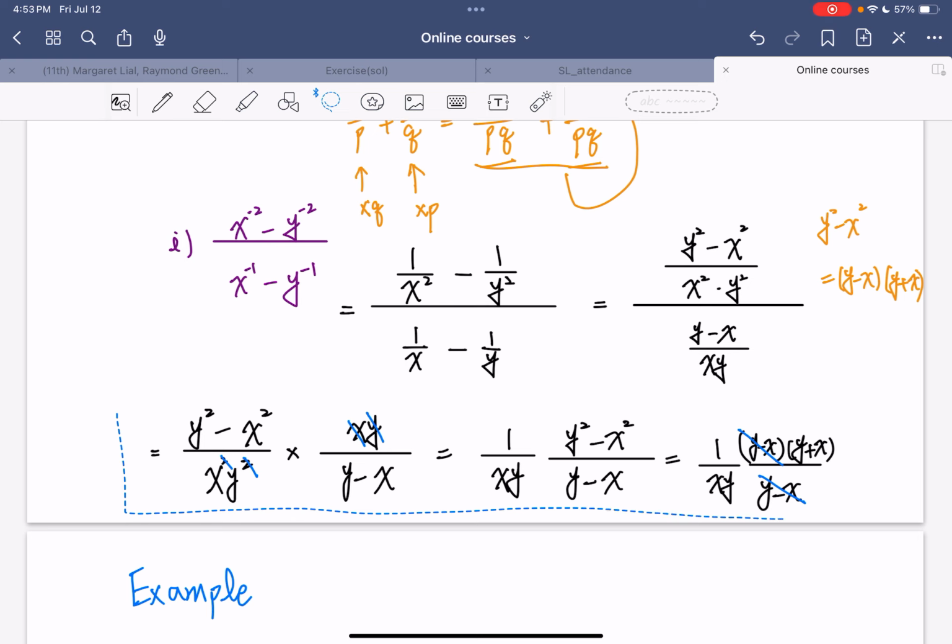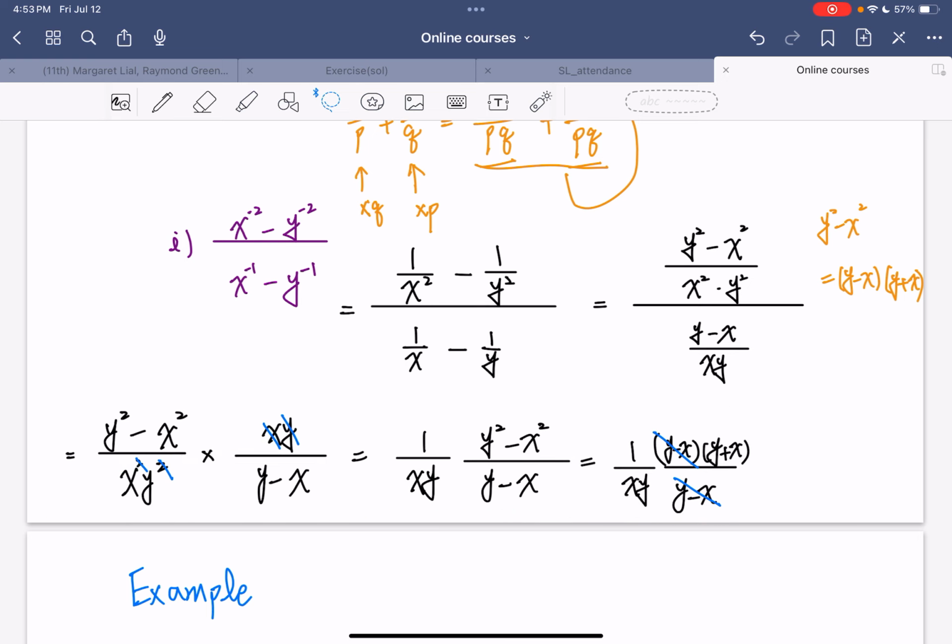Therefore, I got no space, so I have to move this a little bit here. We can finally get our final answer, which is xy with y plus x. And that will be our final answer. Wow, so much, right?